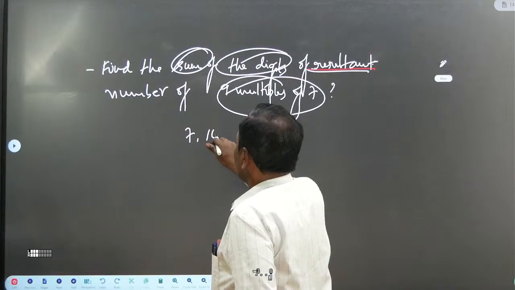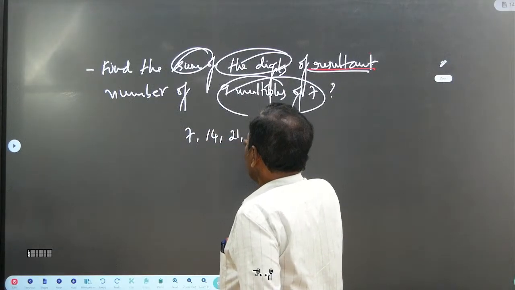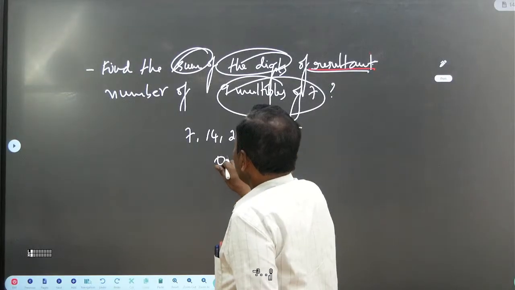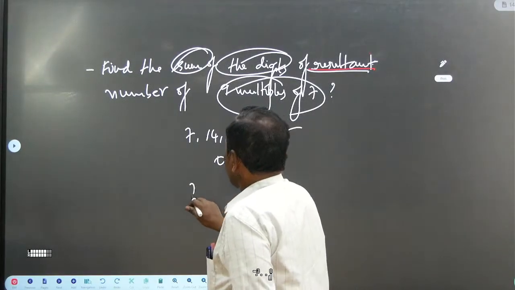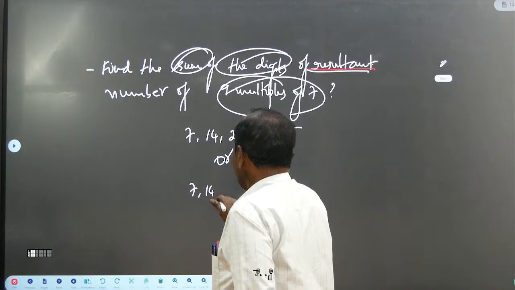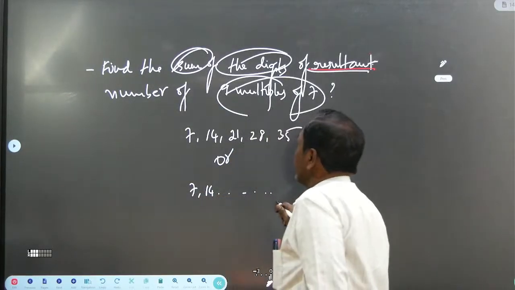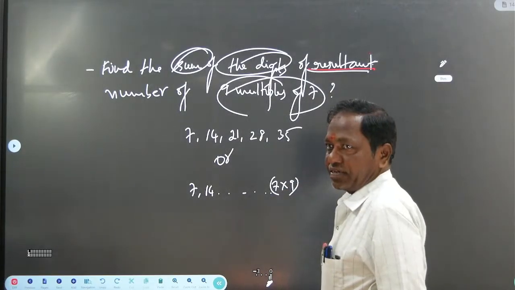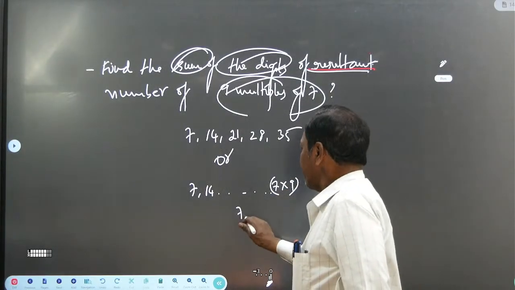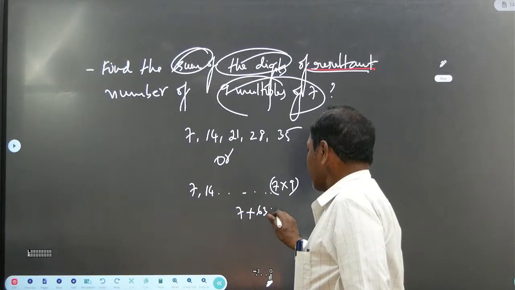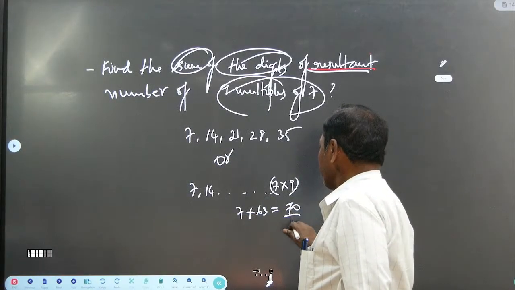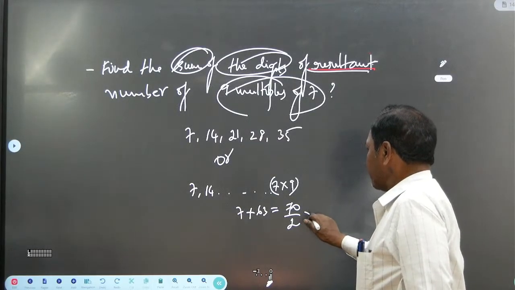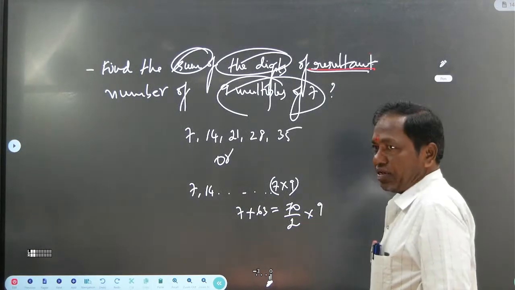7, 14, 21, 28 and 35, or you can say 7, 14, and the last number will be 7 into 9. So 7 plus 63, 70, by 2, this will get the average, into how many observations there are, 9.